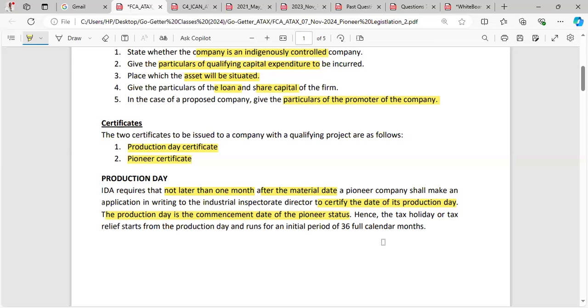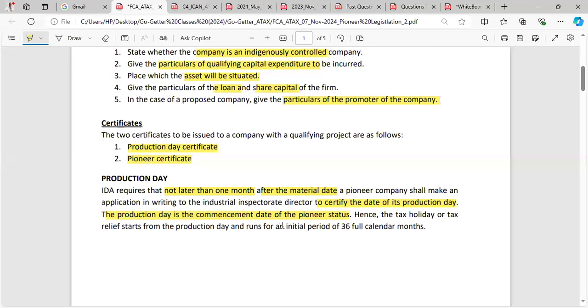You're on holiday on taxes. Your tax relief starts from that production date and it will run for 3 full years, or we say 36 full calendar months. Not 35, not 34, not 37, 36 full calendar months.